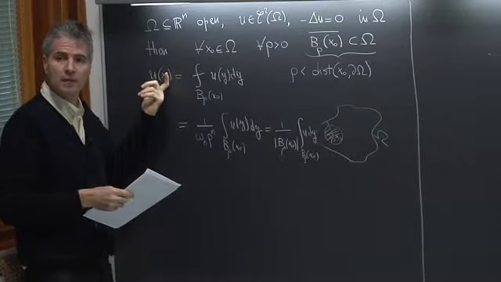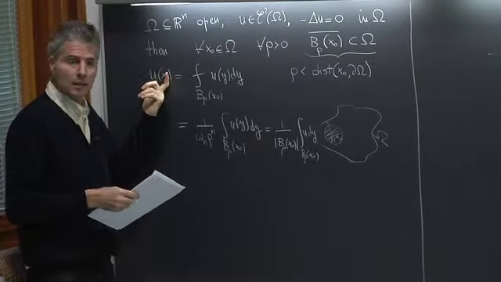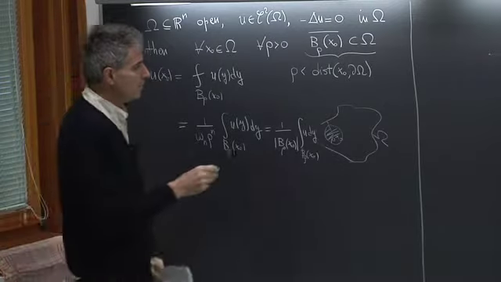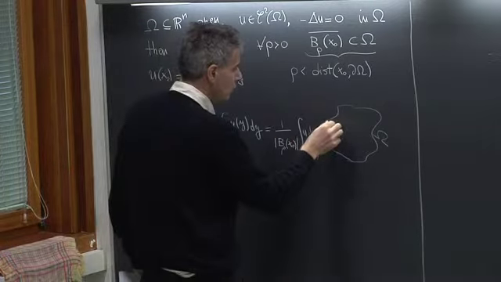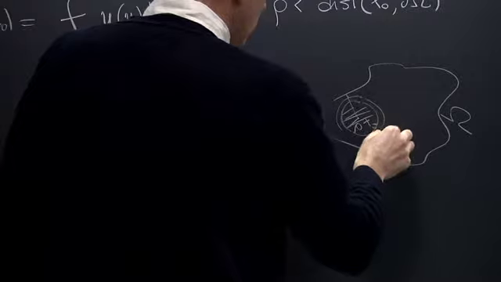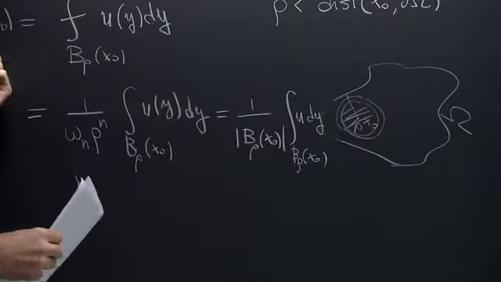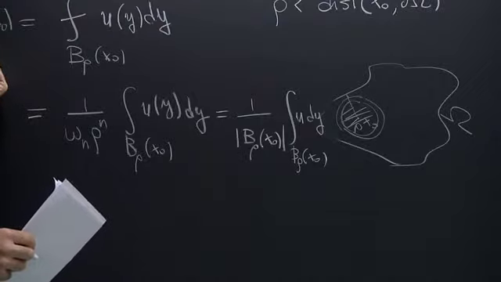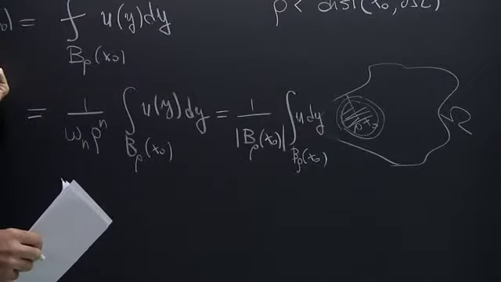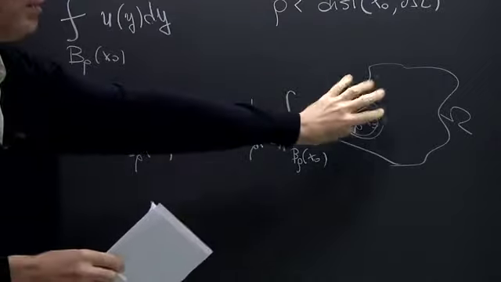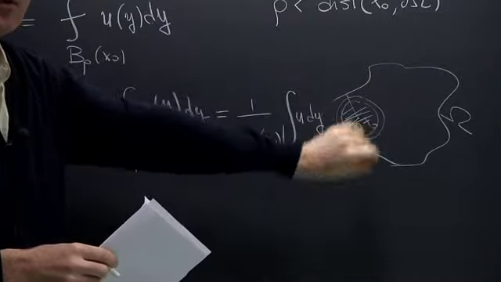This we have proven last time. And you see that this is independent of rho, because if I take a mean value on a larger ball, the result is always the value at the center.